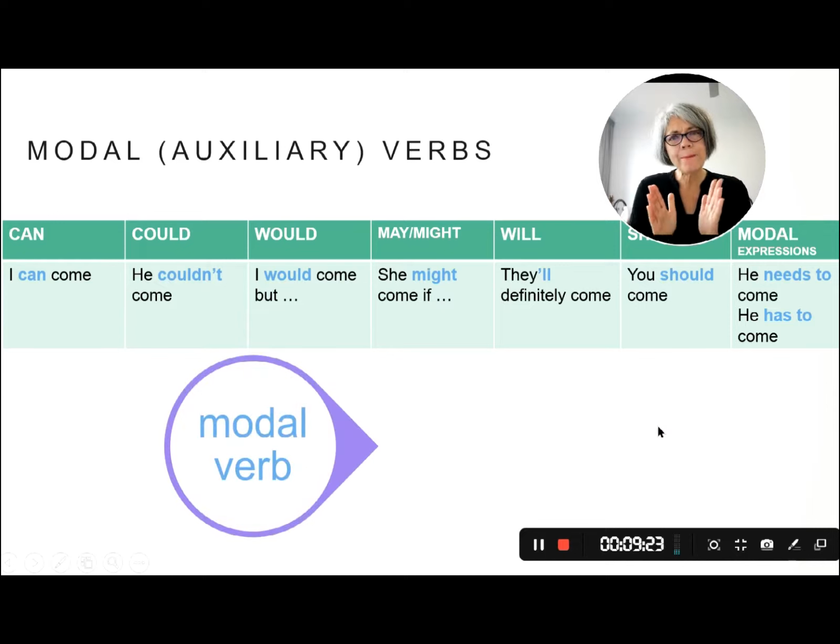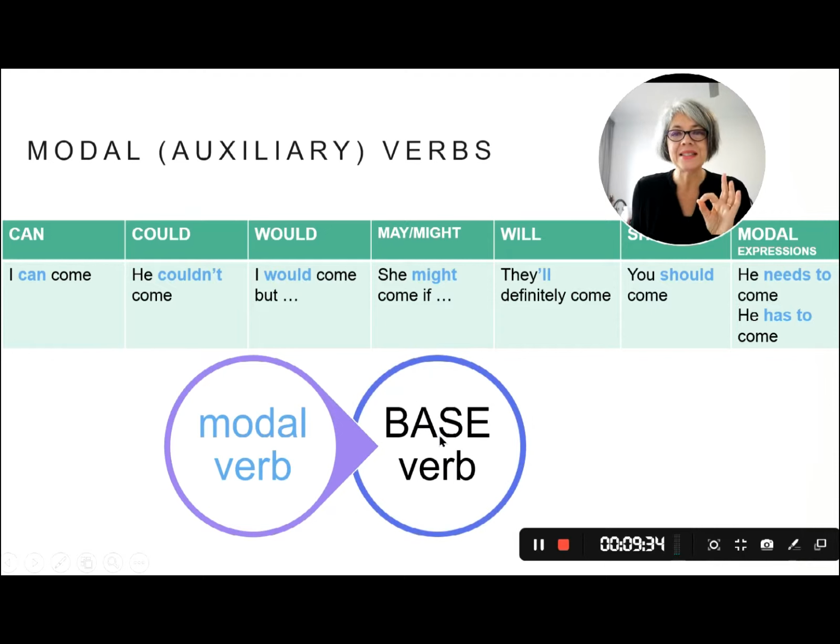So just remember in this simple video lesson, the modal verb always must join the base verb. Can come, couldn't come, might come, needs to come, always the base verb.